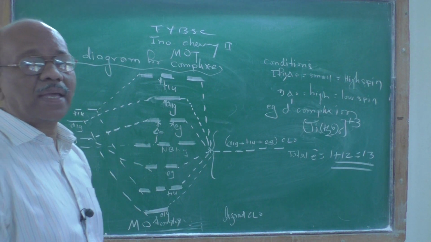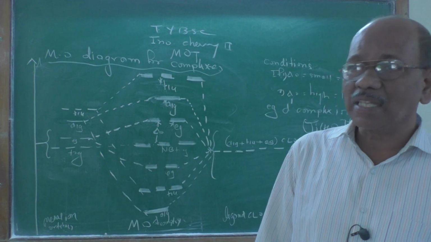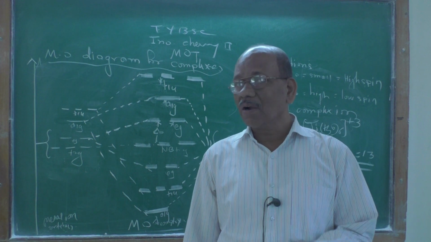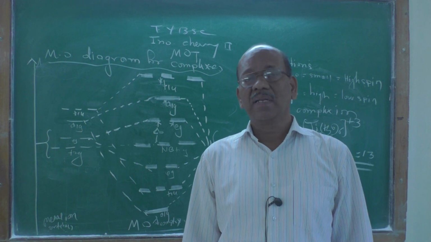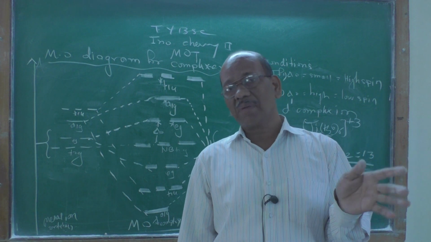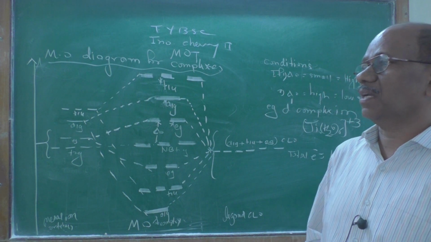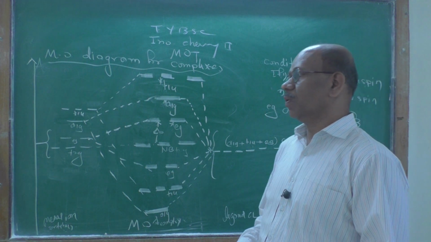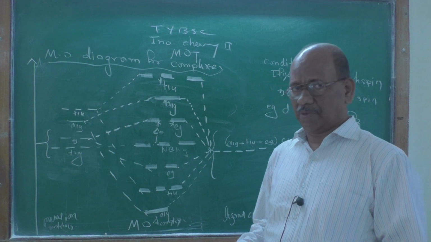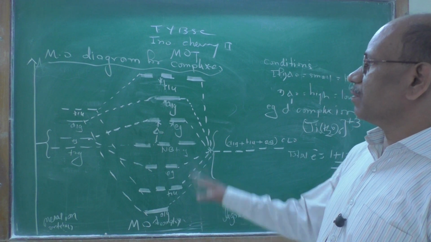It also explains high spin and low spin complexes, and it also explains the splitting of d orbitals. But VBT does not explain high spin and low spin complexes, and it also does not explain the splitting of d orbitals. Although limitations of CFT and VBT are overcome in MOT, it can explain everything. So this is the MO diagram.